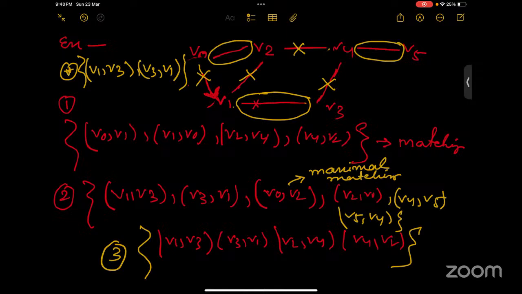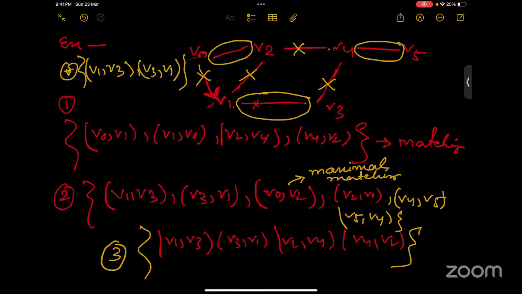In this case, why are you choosing V0, V2 as a minimal matching? No, you can take any single edge. Okay, maximal matching is what we have to find. Maximal matching is example 2.